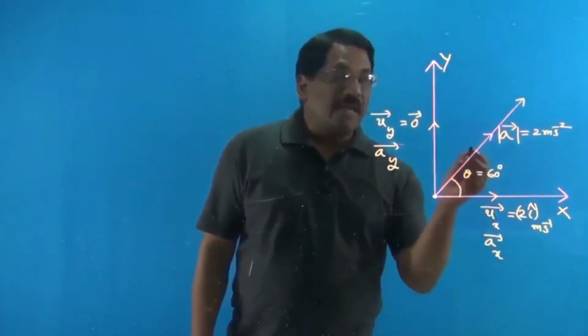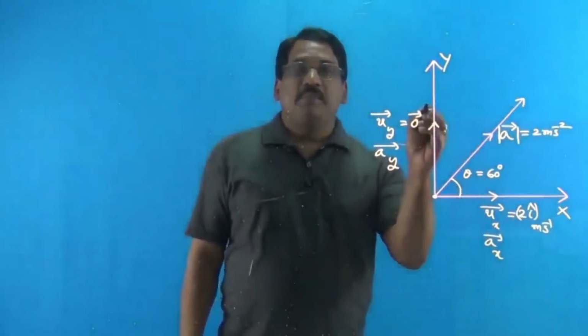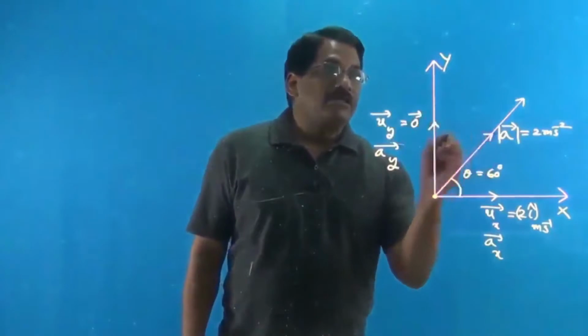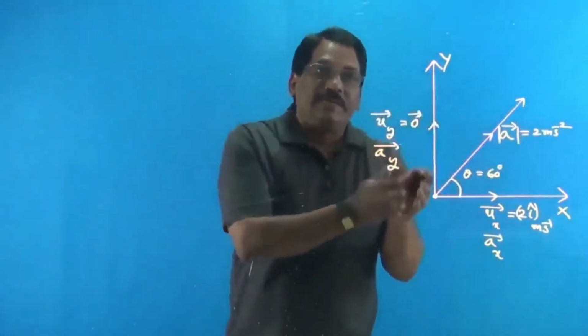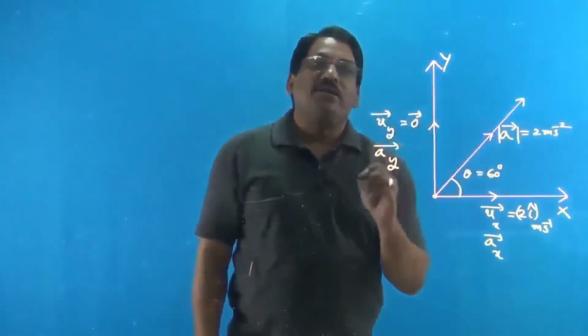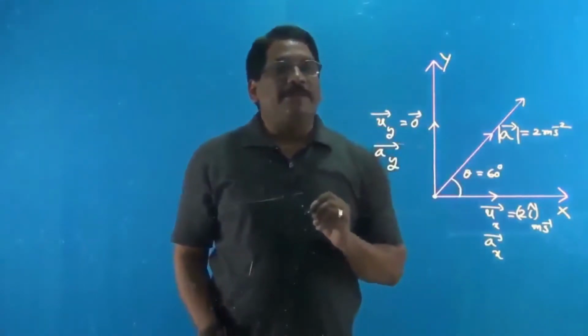And there will be another component which is perpendicular to the initial direction. Initially there is no velocity in the perpendicular direction, but because of this acceleration component, a sin 60 degrees, that velocity keeps on increasing.